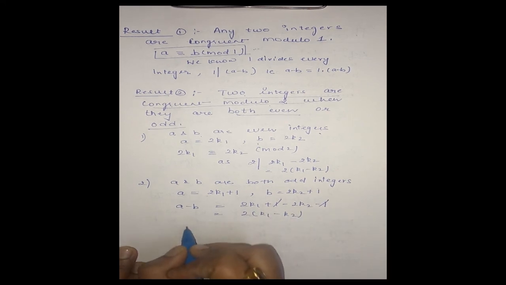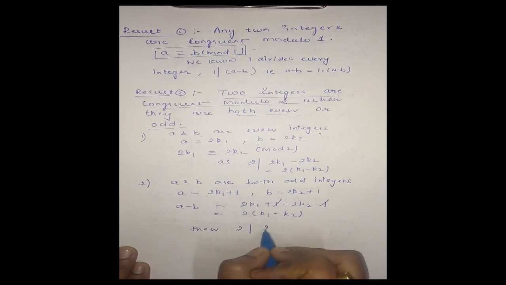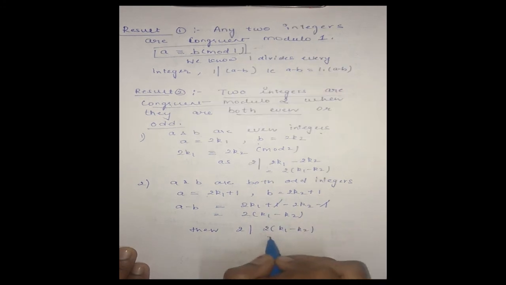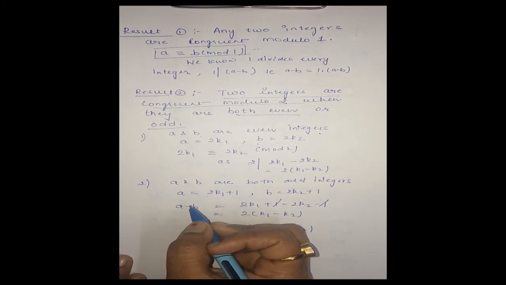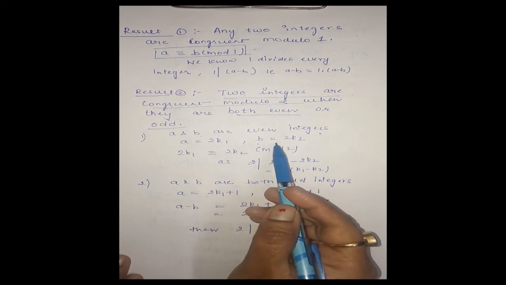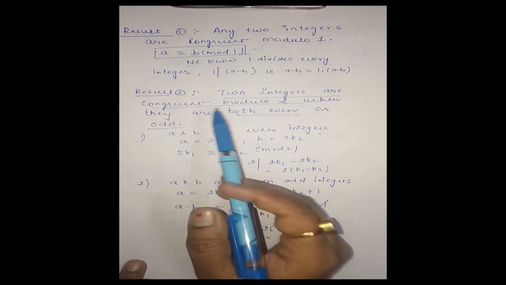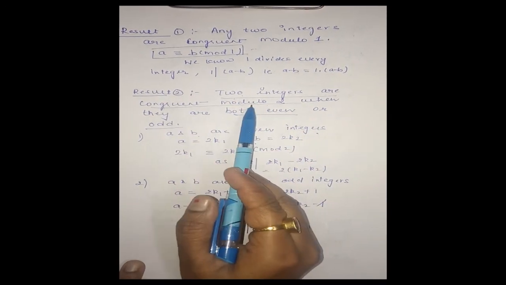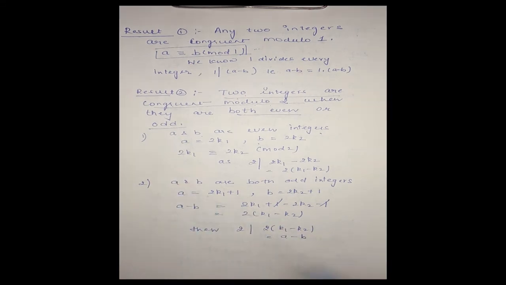And clearly 2 divides 2 times k1 minus k2, that is a minus b. Here also a is congruent to b modulo 2, in case both are even integers or both are odd integers. That means we have a result: two integers are congruent modulo 2 when they are both even or both odd. Clear?